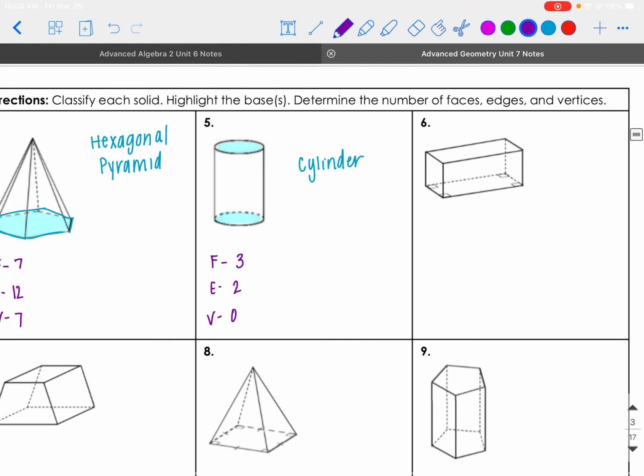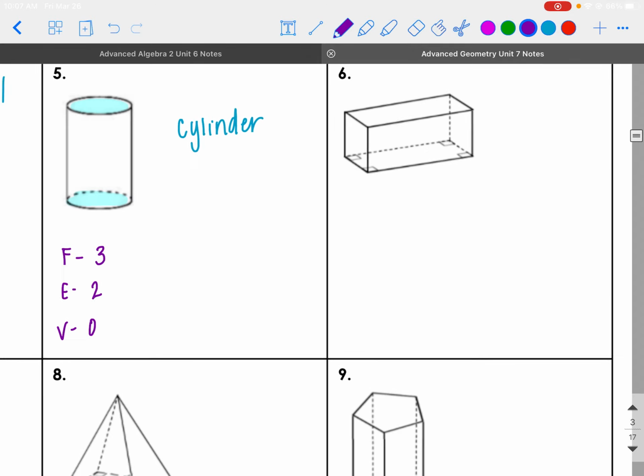I want you to continue working on these and see if you can come up with the answers, naming and the number of faces, edges, and vertices. And I'm going to go through them fairly quickly. So pause the video, see if you can do it, and then go in and check your answers.